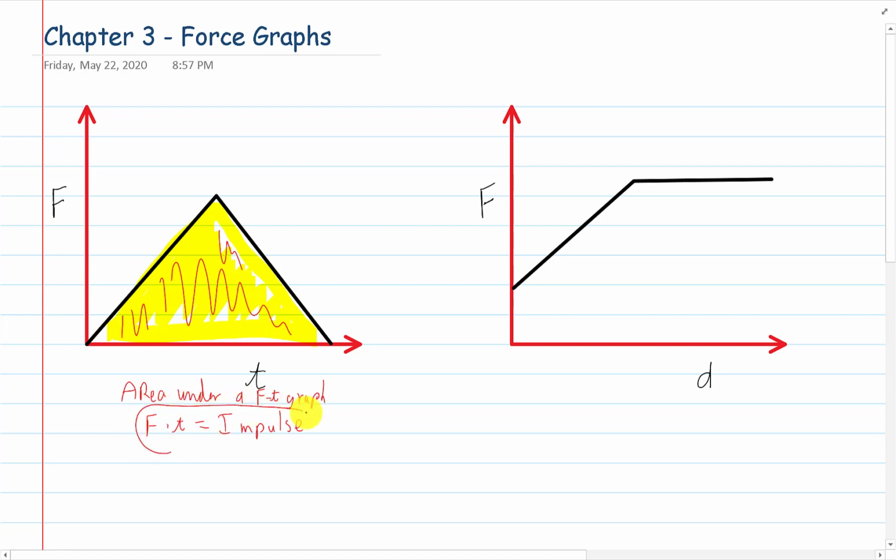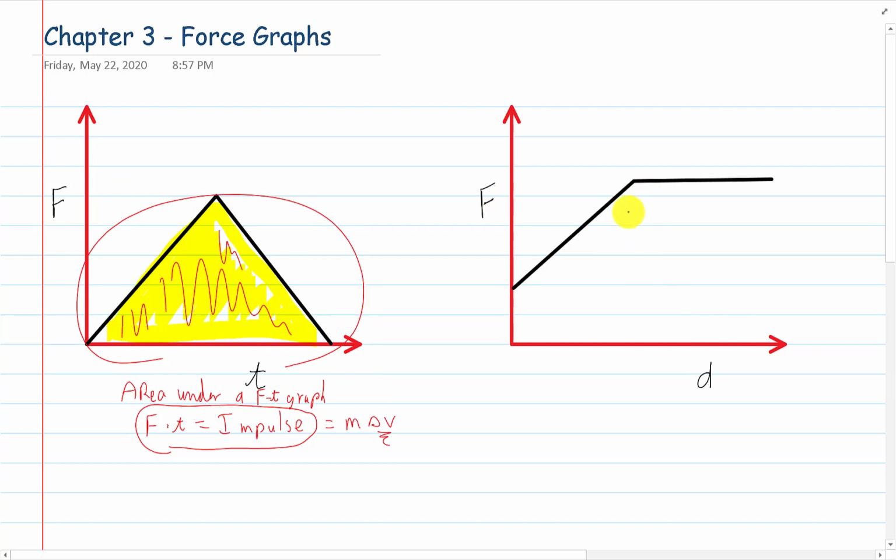So if I ever gave you a force time graph, you could calculate what the impulse was. If I gave you the mass of the ball, of the object, we know that would be mass times the change. You could calculate the change in velocity knowing from this graph and the mass of the object. Really cool stuff.